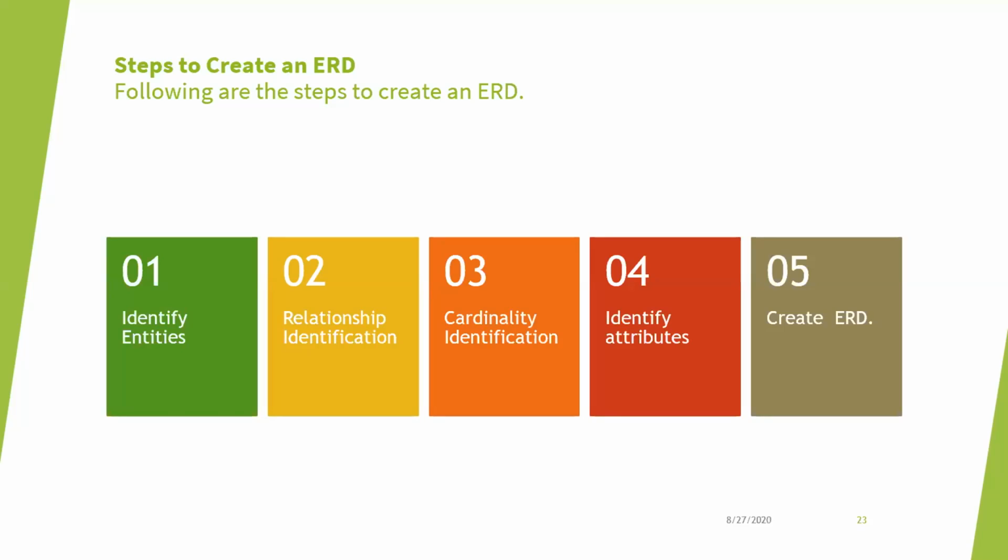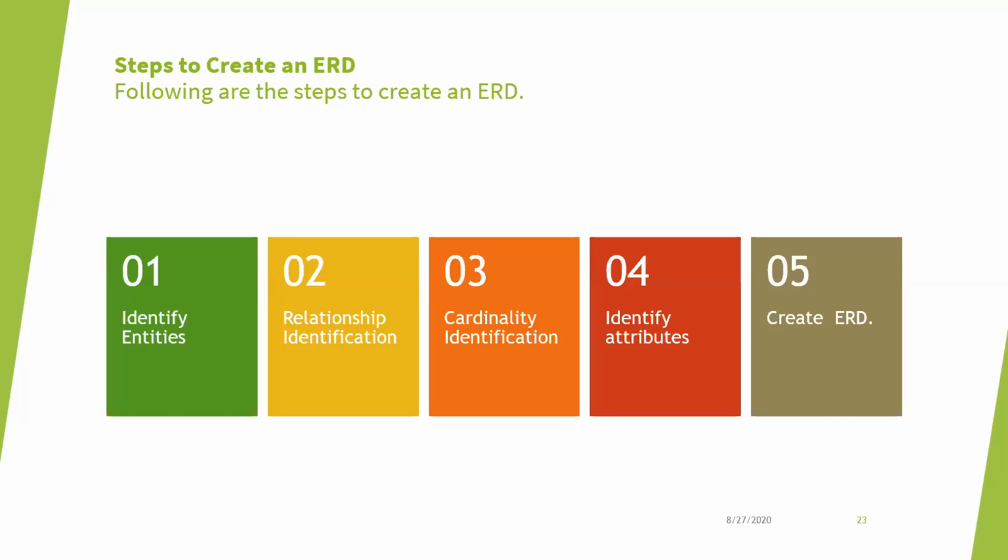And the fourth one is, once you find entities, their relations and cardinality, you have to find the number of attributes, and then you can choose which attribute is a primary key or some other key. After that, if you are perfect in the first 4 steps, then the 5th step is easy: to form a complete entity relation diagram.